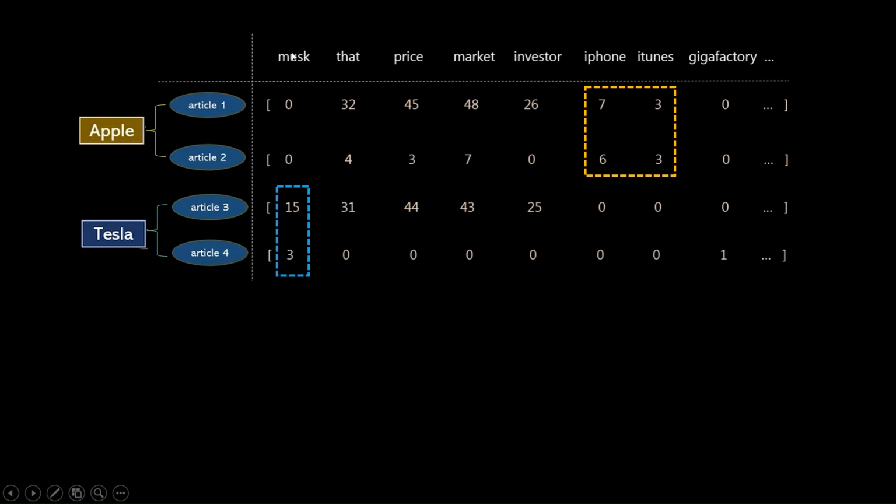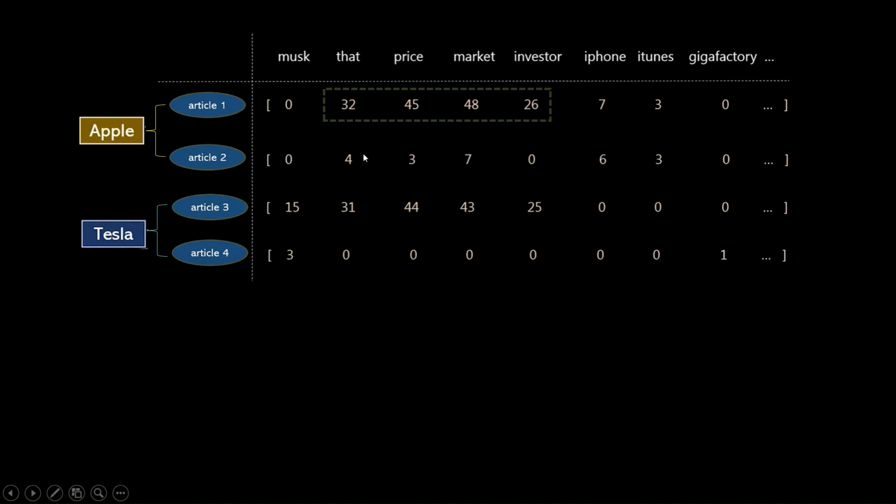And Elon Musk and Gigafactory are unique terms related to the Tesla company. It's very clear. But coming to these words, price, market, investor, here are four words I presented in the vocabulary. There could be such a huge number of words. These are very generic words that should appear in each and every article.